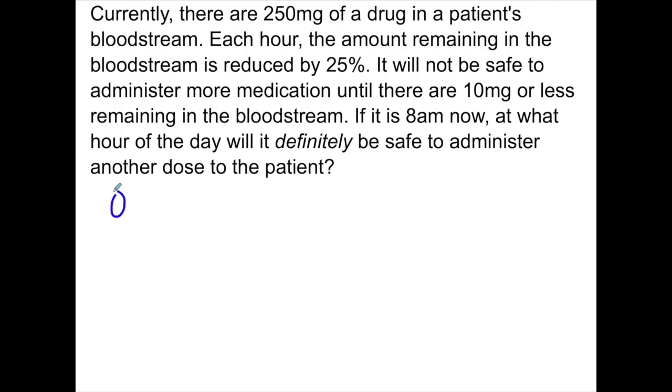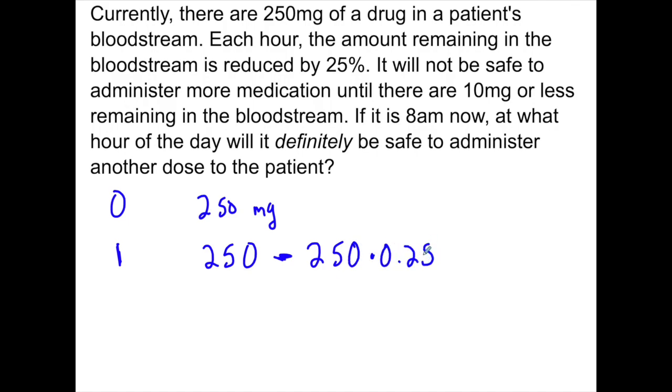At hour 0, we have 250 milligrams of this drug in our bloodstream. Now, after 1 hour, right, we have the original 250 milligrams, but then we've subtracted out 25% of that 250, right? Because we've lost 25% of the drug that's in our system.